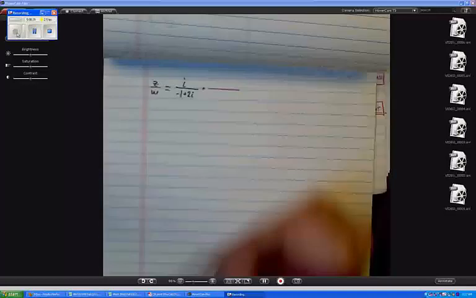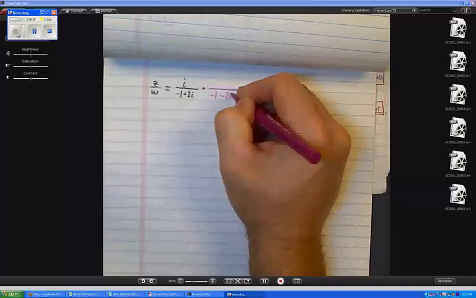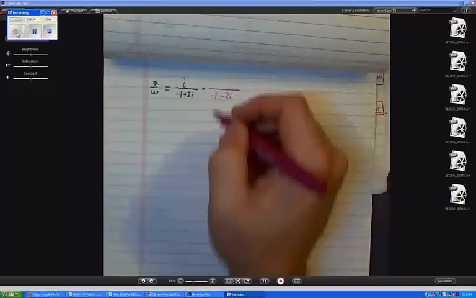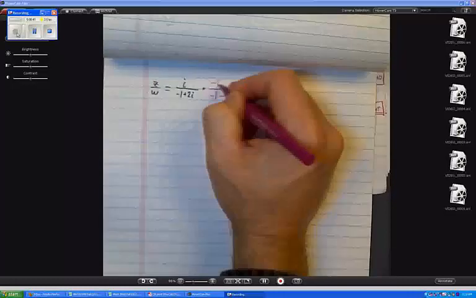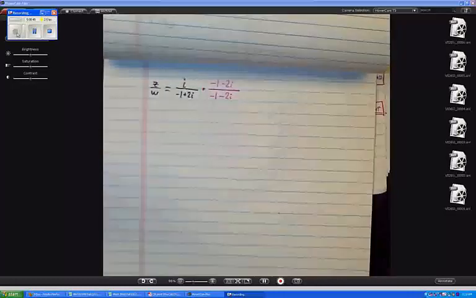That's right. Negative 1 minus 2i. We multiply by W bar, the conjugate. I also have to multiply the top by negative 1 minus 2i, again, so that I fix it. Okay, so we work these out, and let's see what happens.